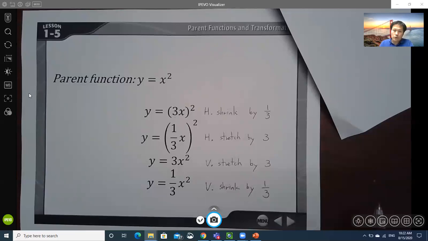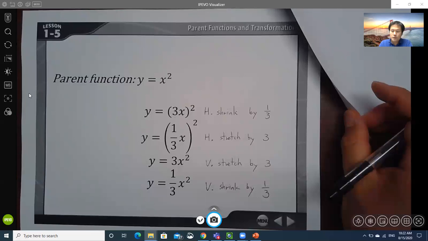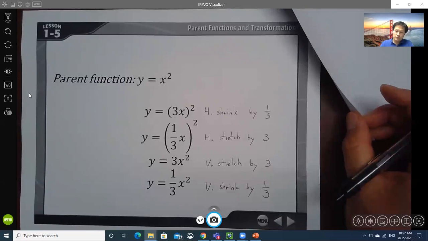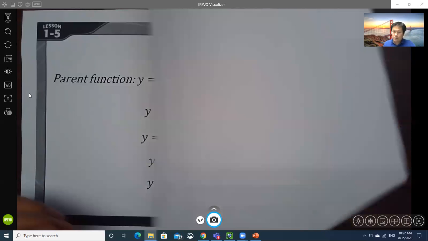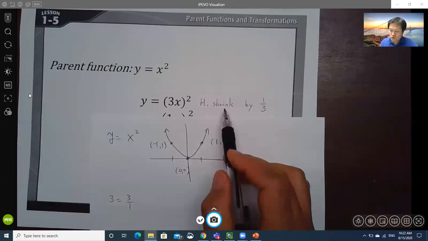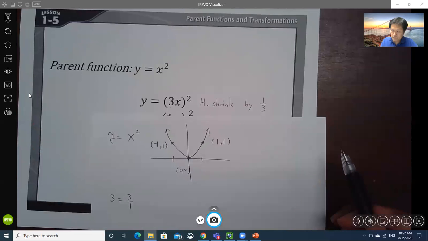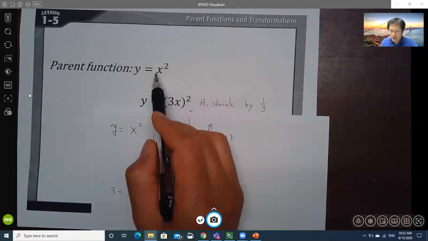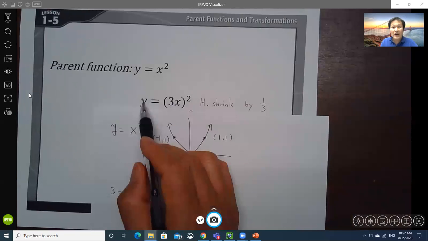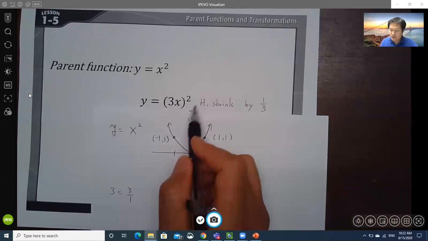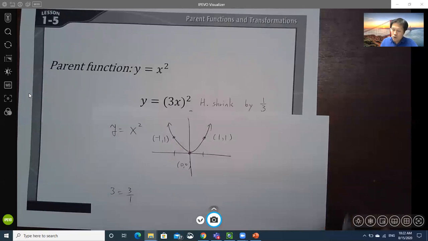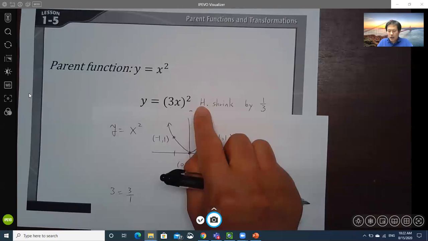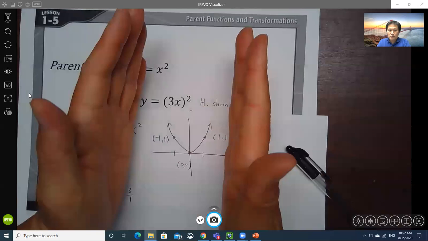Okay, so I also want you to understand what stretch and shrink mean graphically. Let's say horizontal shrink by 1/3. So this is a graph of y equals x squared. What if I ask you to graph this, horizontal shrink by 1/3? Horizontal is going to affect x. So graphically, you're going to just squeeze the graph horizontally.